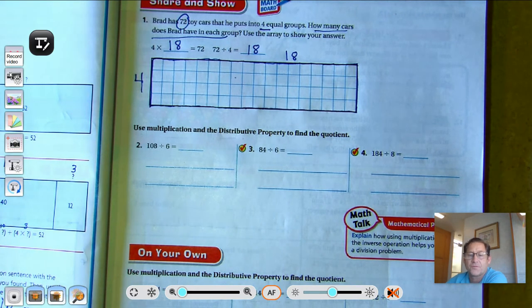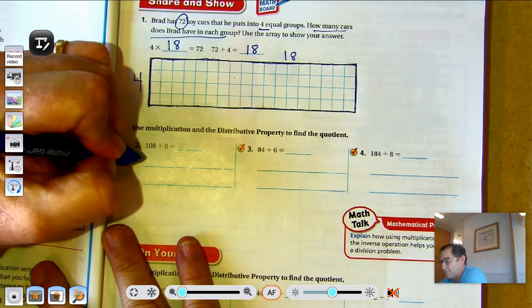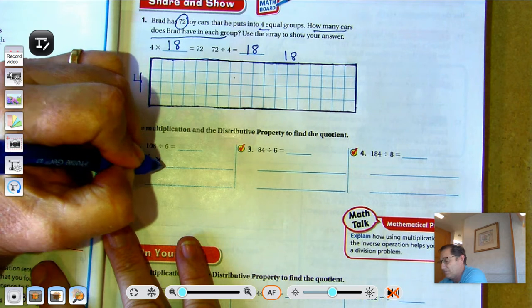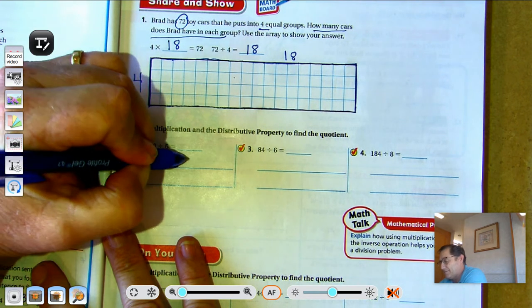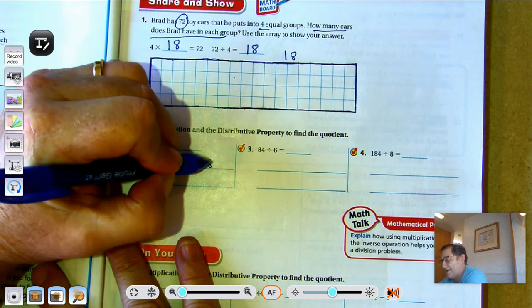Number 2, 3 and 4. Use multiplication and the distributive property to find the quotient. So we have 108 divided by 6 equals what? Well, first, rewrite that as a multiplication problem. 6 times something is 108.